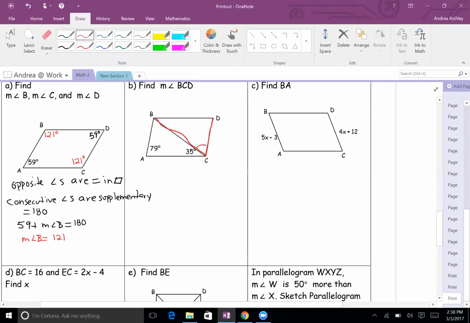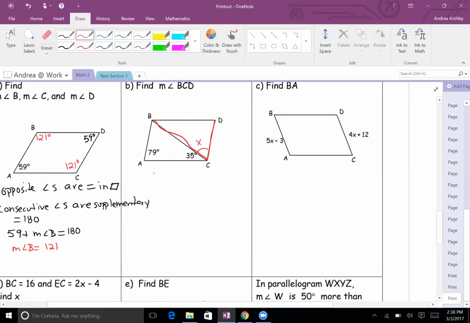Okay, so this angle right here, we're going to call X for now. Okay, because consecutive angles are supplementary. That would be this whole angle, and this whole angle should add to 180.